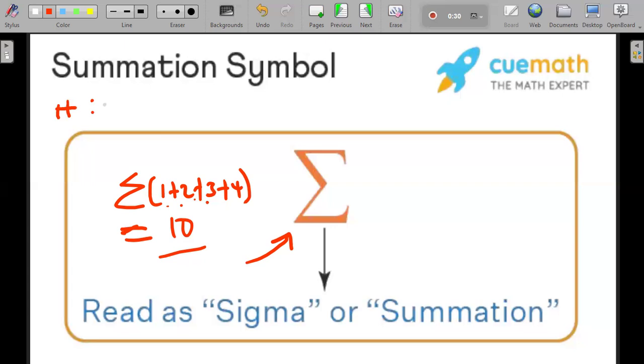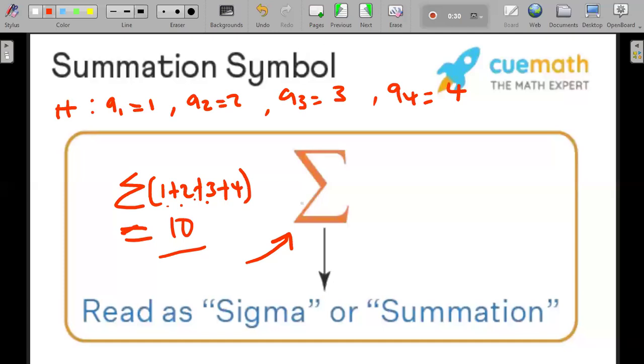Maybe the first person is called A1, so A1 has the height 1. The second person is called A2 and he has the height 2. The third person is called A3 and he has the height 3. Let's say the fourth person is A4 and he has the height 4.